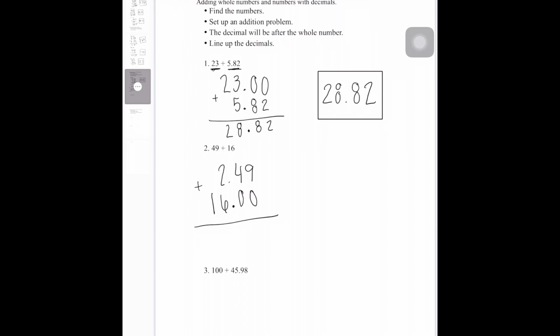So 9 plus 0 is 9. 4 plus 0 is 4. Drop down that decimal, make sure it's lined up. 2 plus 6 is 8. And then we just have 1 right here. So our answer is 18 and 49 hundredths.